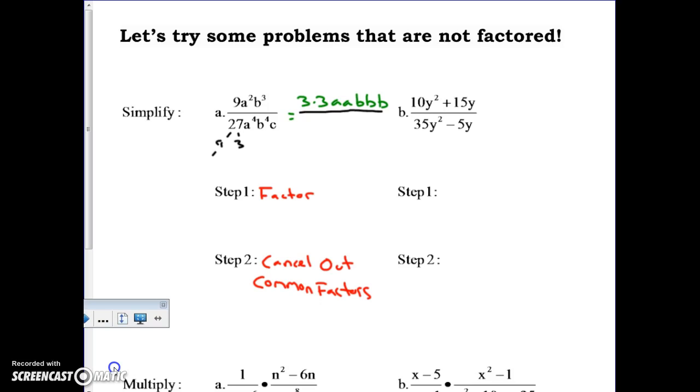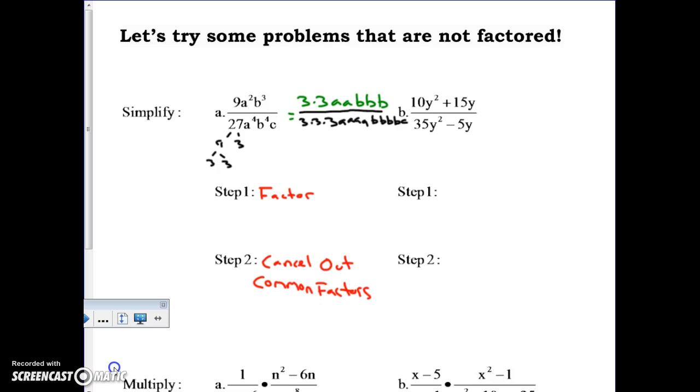And then remember, 9 becomes 3 times 3. All right, 3 times 3 times 3 is 27, right? Yes, you're right, it is 27. So we have 3 times 3 times 3. And then let's expand those variables. You have a, a, b, b, b, b, and a c.